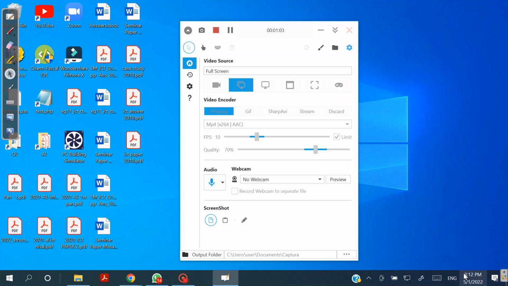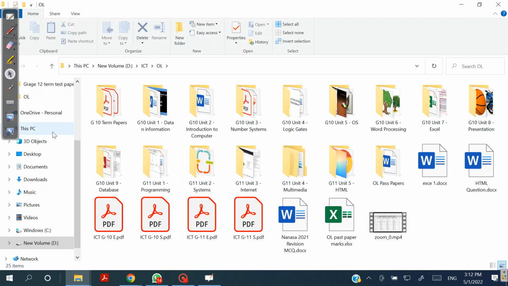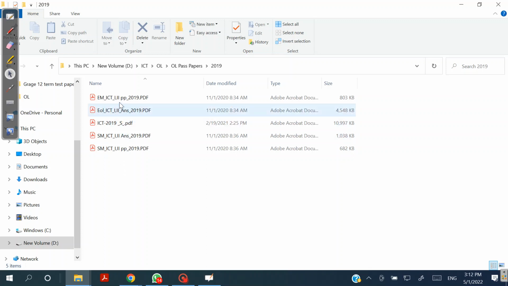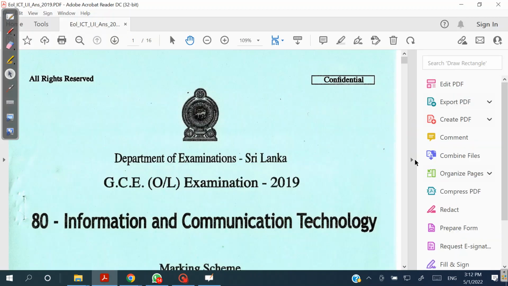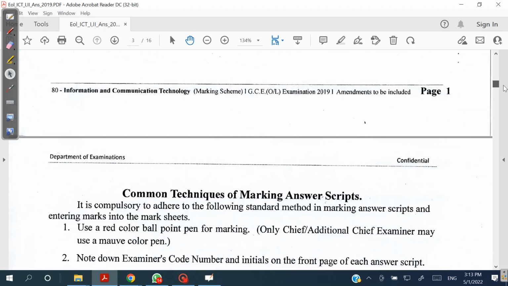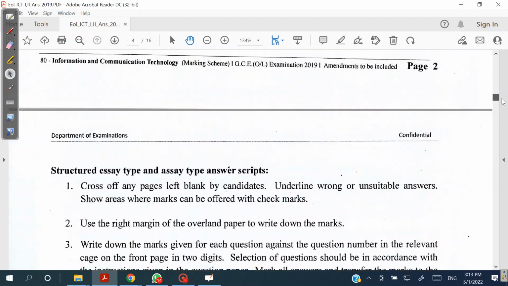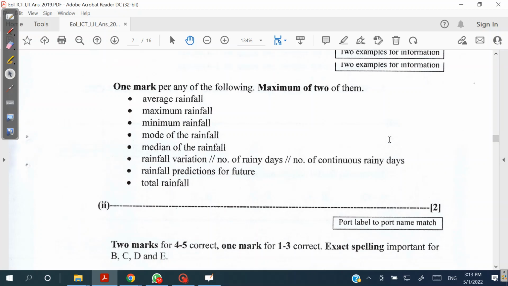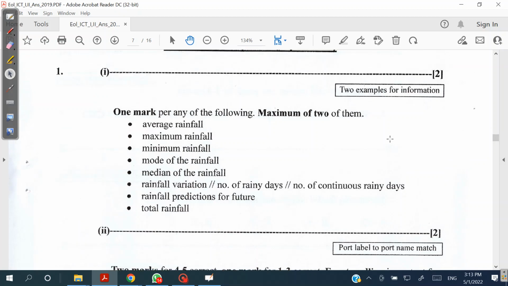So I'll go with the marking scheme as well, right? So let me show you the marking scheme. So as it shows, yeah, there you go. Any two of them, like maximum two of them. So be very careful when they are asking for two factors, just give only two factors for them, right?